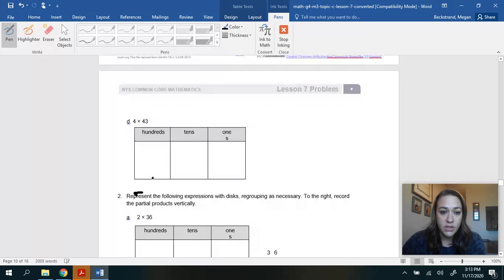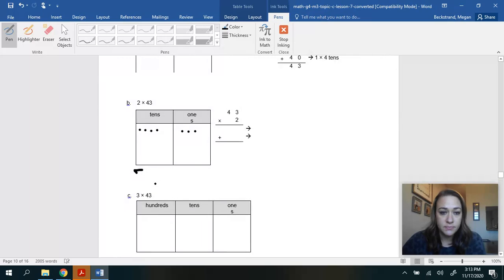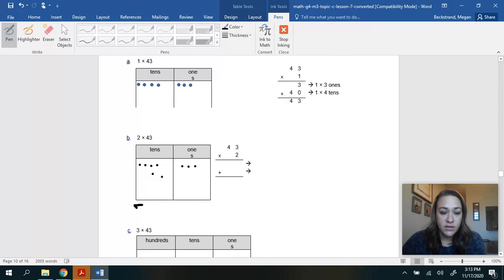Uh-oh. Whoopsie daisy. Technology is so fun. Okay, so there's 1, 2, 3, 4. There's my 2 groups. And then 1, 2, 3, 1, 2, 3. So you can see I now have 6 ones. And I have 4, 8 tens. So my final answer should be 86.